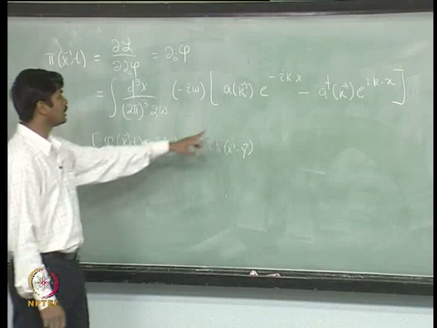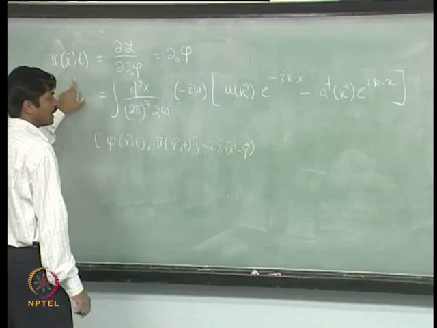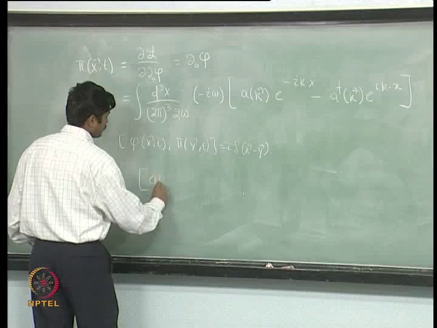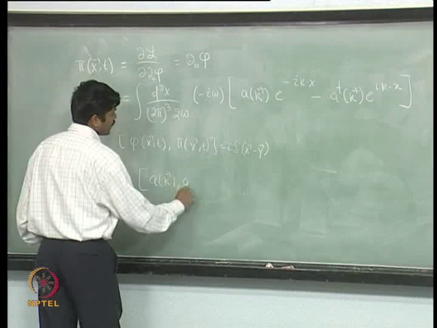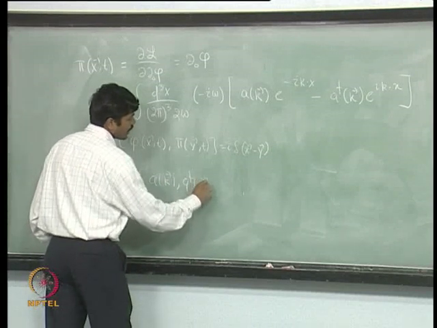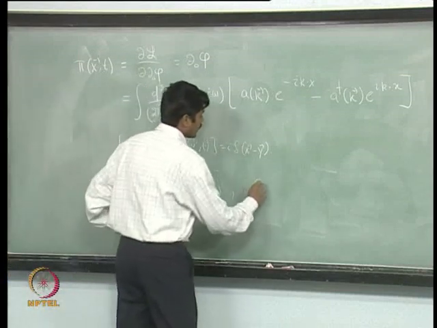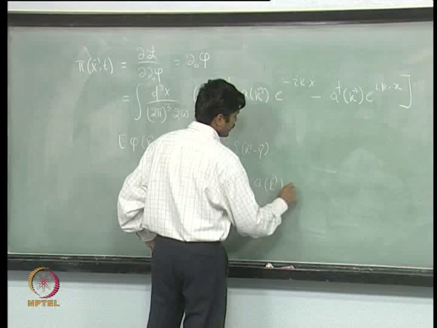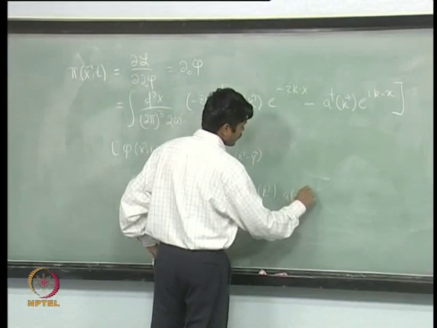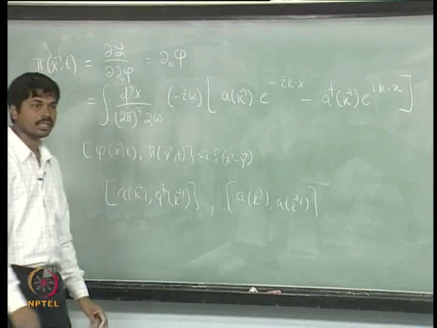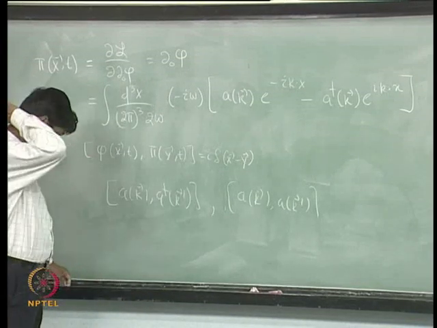So, we will invert this relation, and then we will derive the commutation relations of a of k and a dagger of k prime, and between a k and a k prime, and so on. All right. So, this is what we will do.